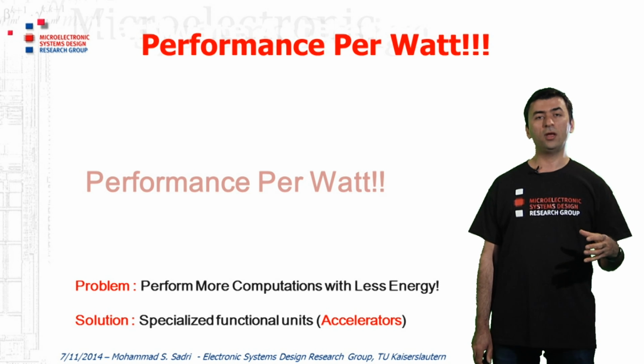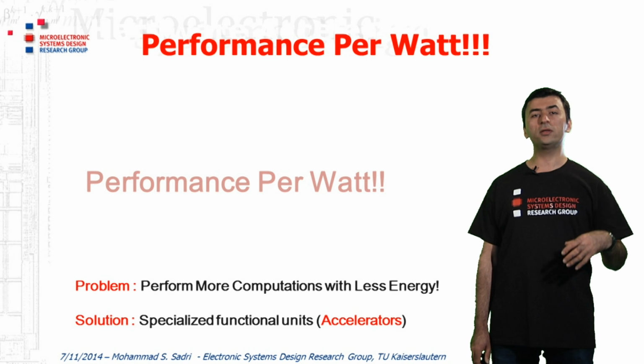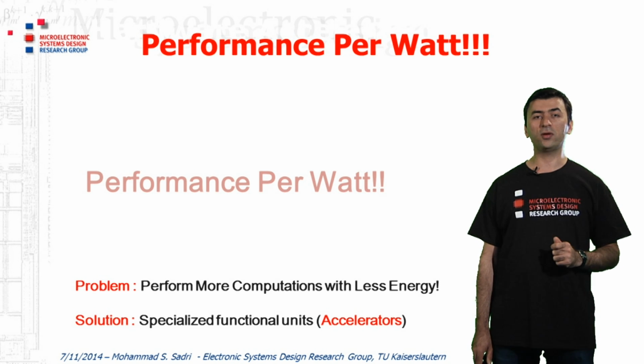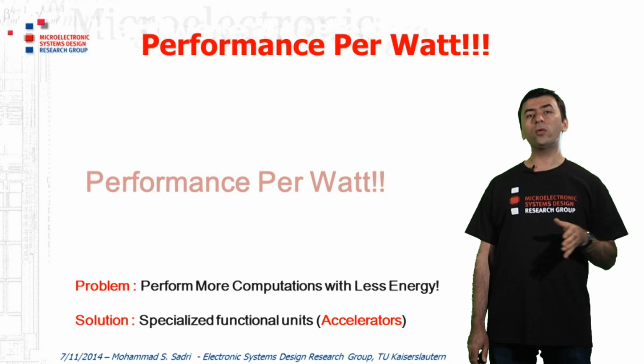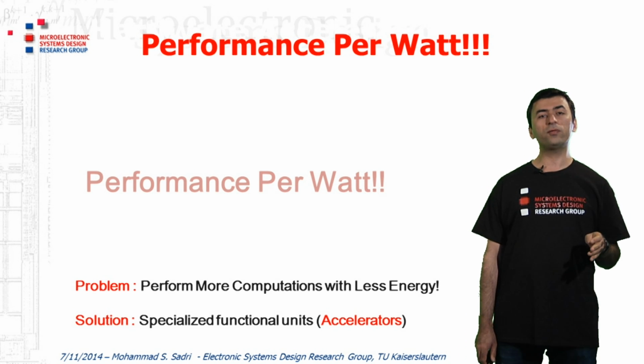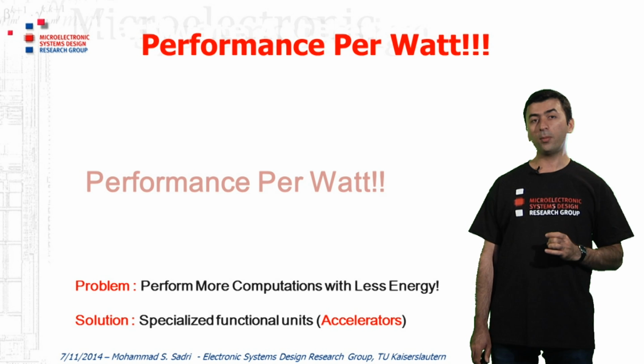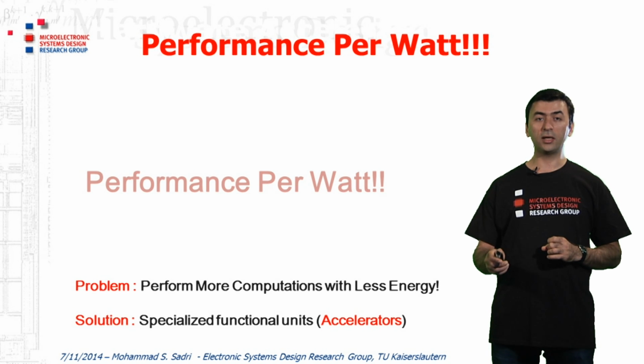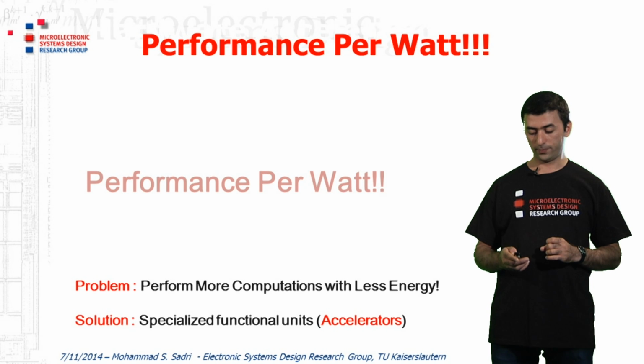Indeed, units which are only designed to perform a specific calculation or computation. This way, for those computations, we can perform them in a smaller amount of time, consuming less total power.